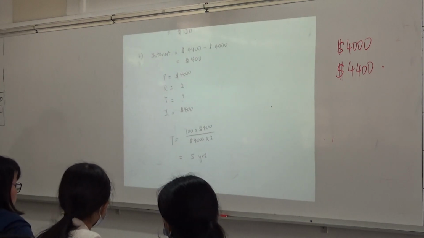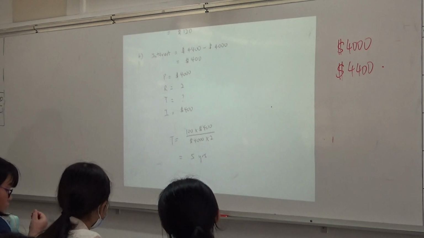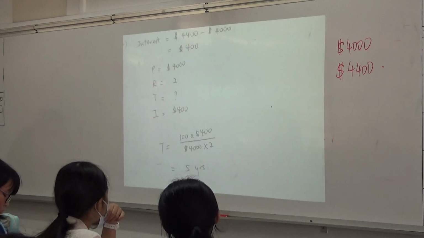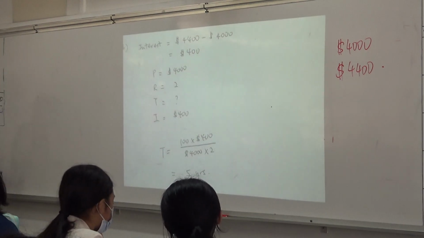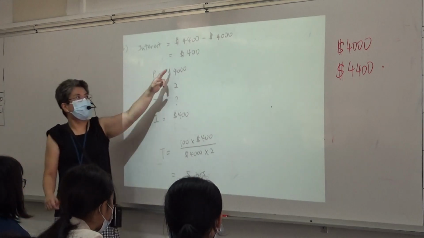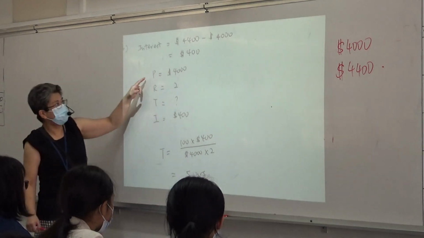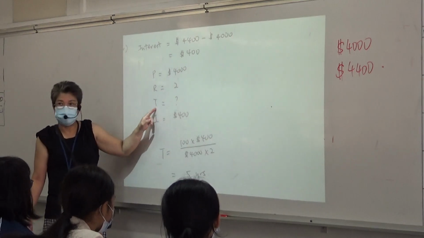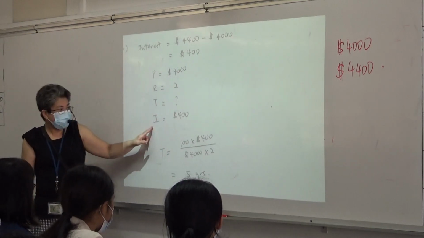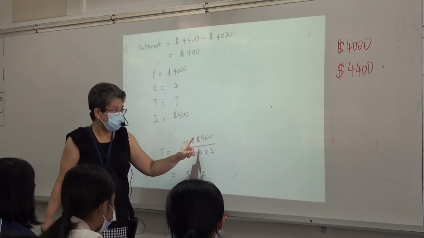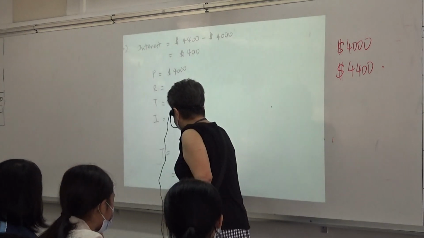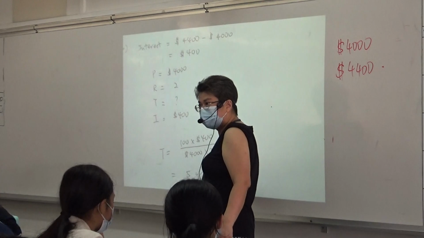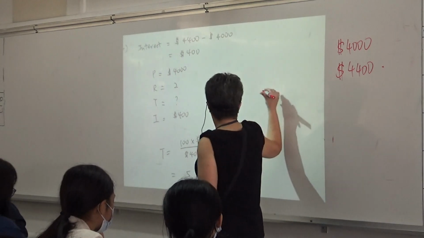I make it a bit bigger. Now, do you agree interest is $400? Okay, so PRTI. I is 400, but I don't know time. Correct? Time is 100 times interest over PR, right?